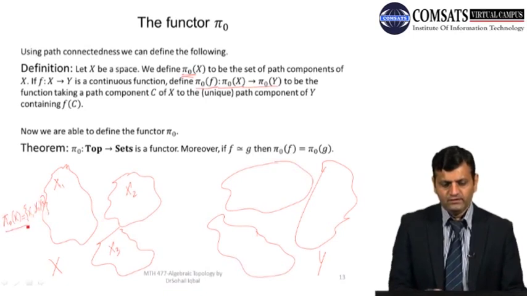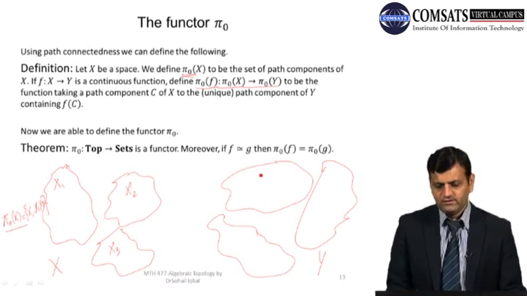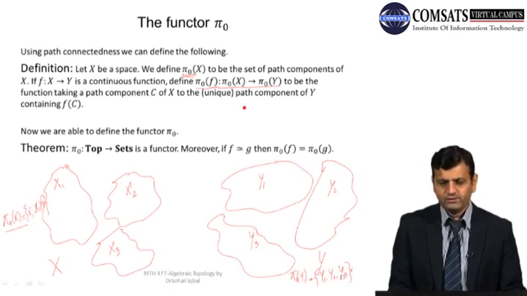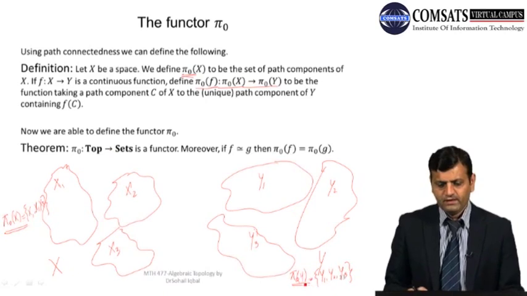Similarly, if this is Y1, Y2 and Y3, then pi naught of Y is equal to Y1, Y2 and Y3.